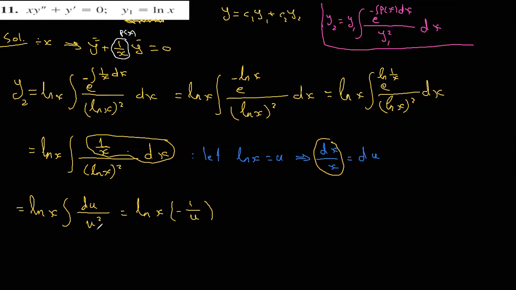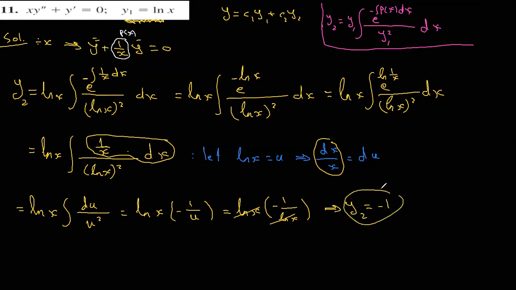If you don't remember it, take u squared up to be negative 2, then add and subtract 1. So now let me go back to my u. So I have ln x bracket negative 1 over u, it is ln x. So cancel out ln x with ln x. So your y2 is only negative 1.